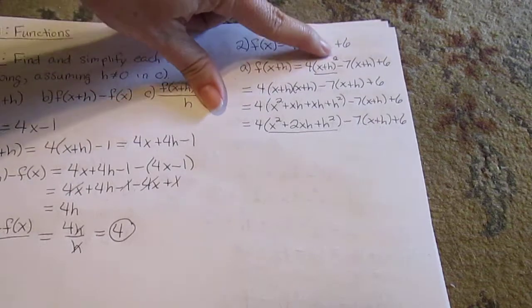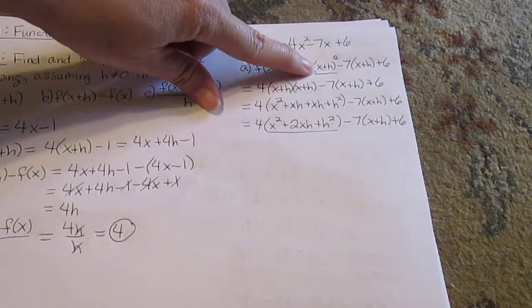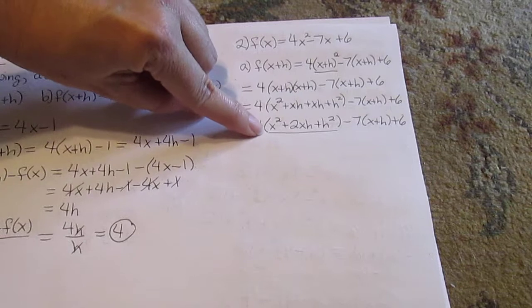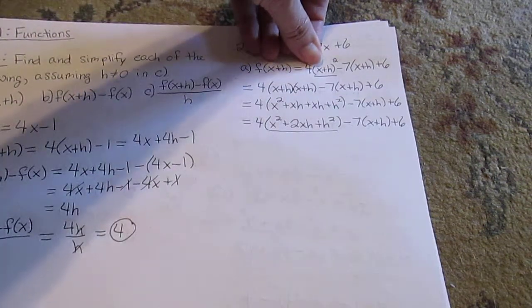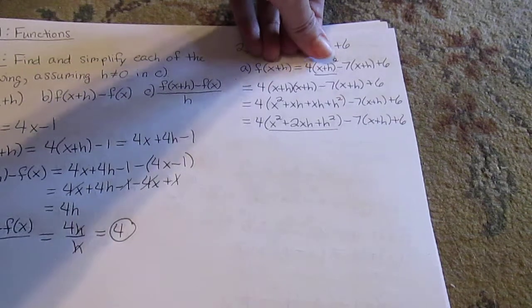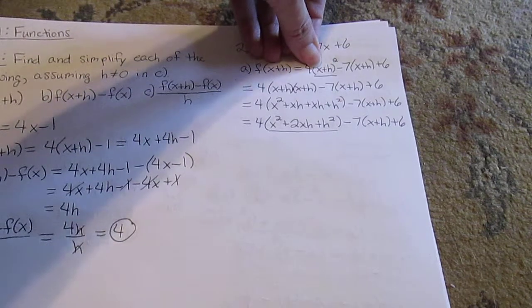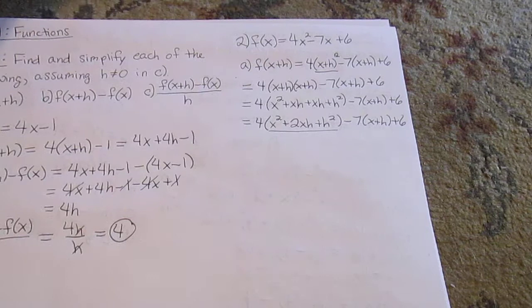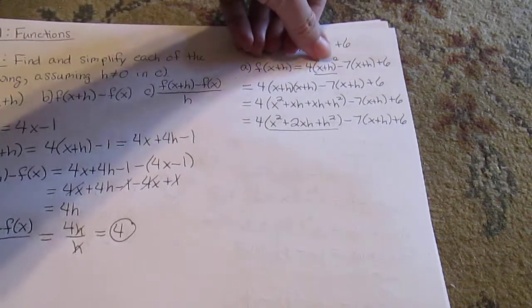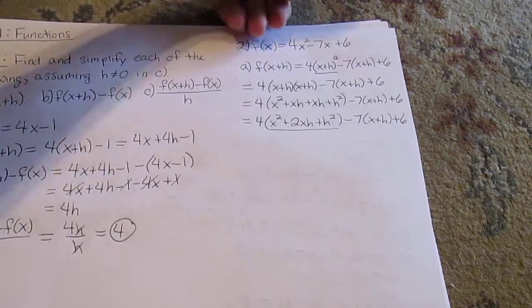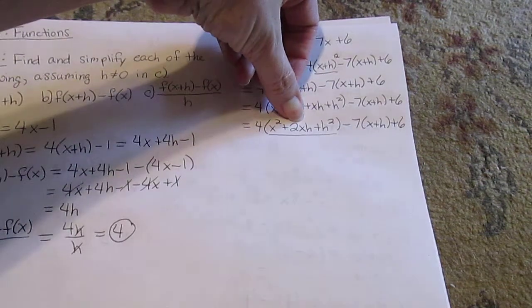So when you're squaring an expression like this, you're squaring the first term, which gives you the x squared. The middle term is the term some students forget about. You multiply the two terms together, and then you multiply times 2. So you've got x times h, which is xh, times 2 is 2xh.